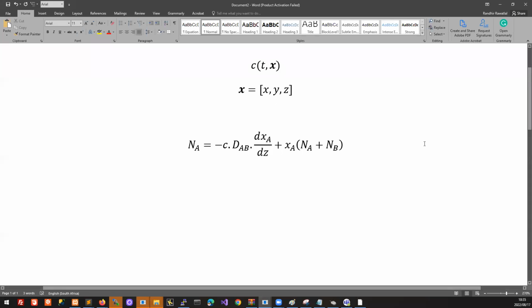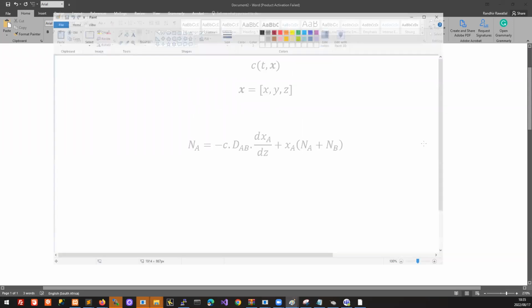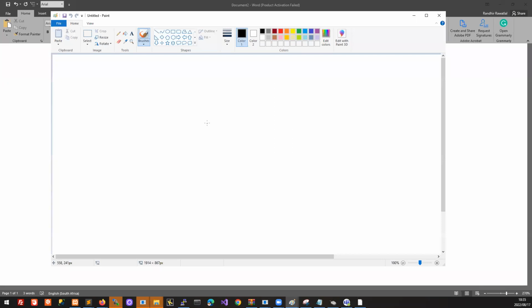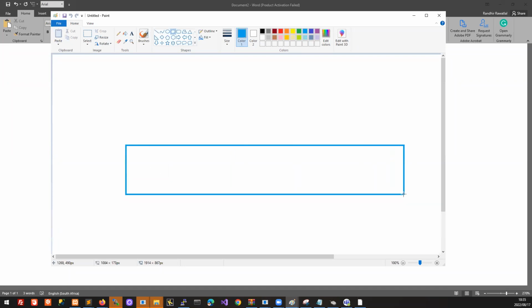Okay. So let's think about a problem. So let's sketch out a situation here. So let's say we have a slab, for example, a slab of concrete, right? And let's say our slab looks like this. So it's rectangular in cross section like this.